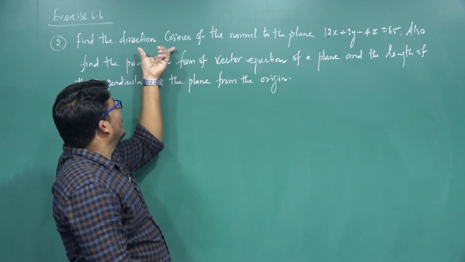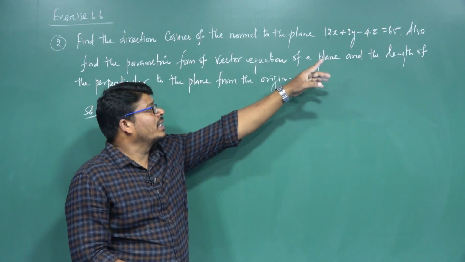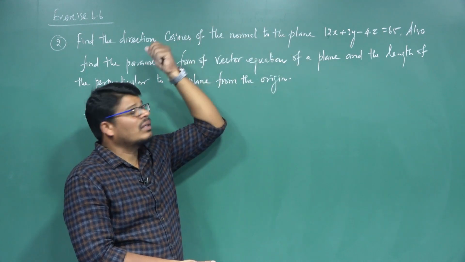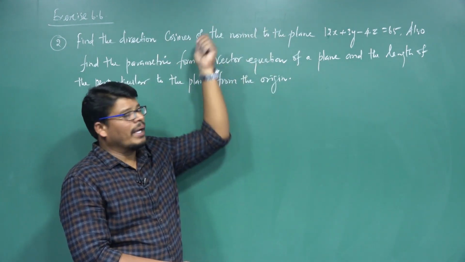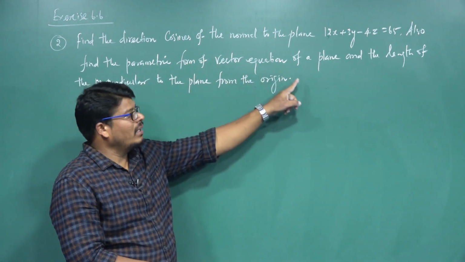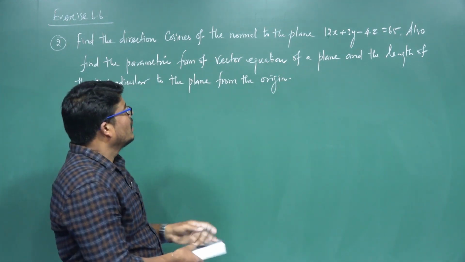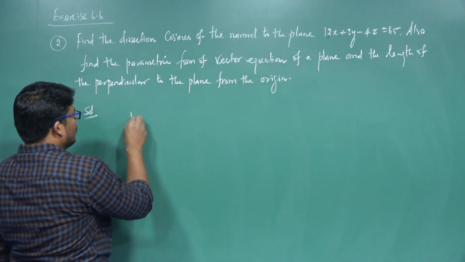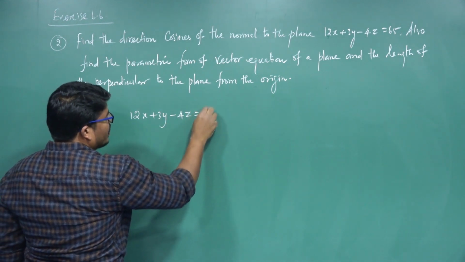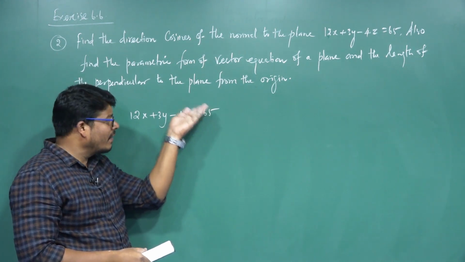Already the equation of the plane is given: 12x plus 3y minus 4z equal to 65.